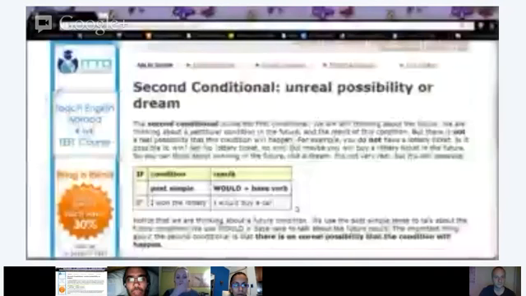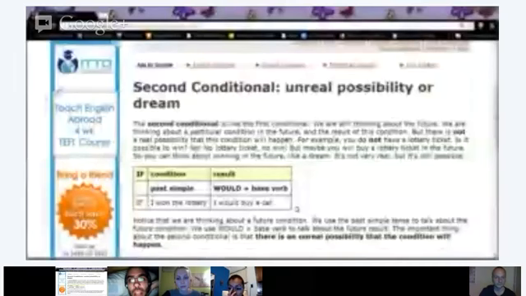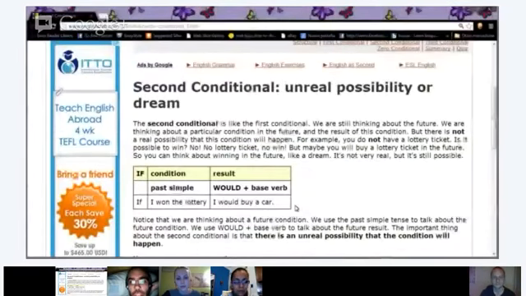The second conditional is like the first conditional. We are still thinking about the future. We are thinking about a particular condition in the future and the result of this condition. There is not a real possibility that this condition will happen. For example, you don't have a lottery ticket. Is it possible to win?